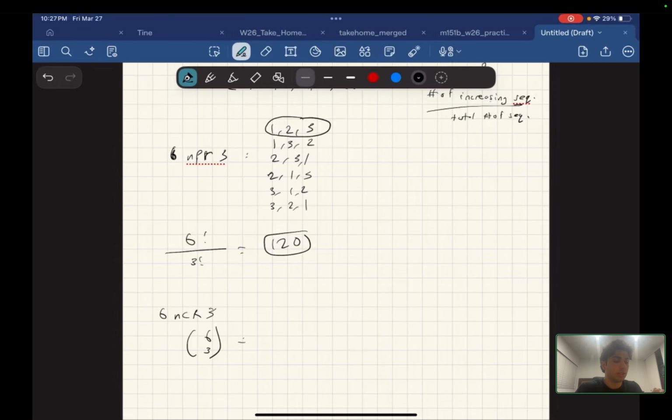But 1, 2, 3 represents all the orderings. For example, one of the choosings is 1, 2, 3, which equals 1, 3, 2, which equals etc. So the choose function is just telling us we don't care about the orderings, we care about the numbers we chose. It's like saying we care about one permutation, we can scratch the rest.